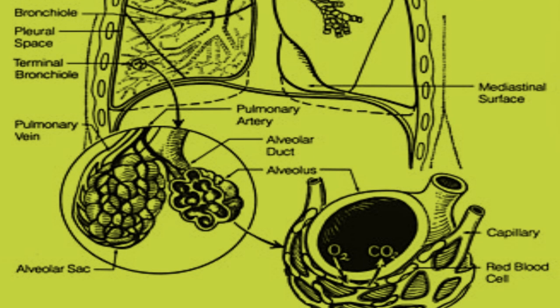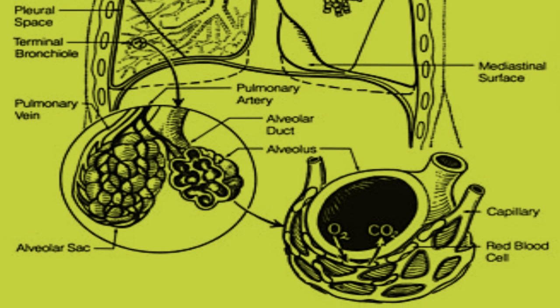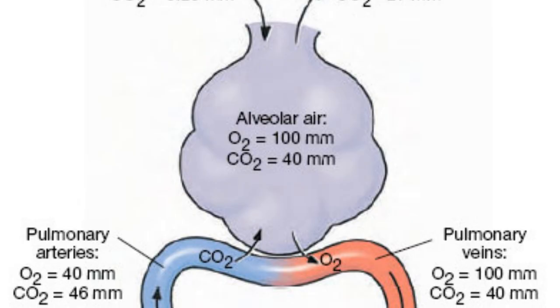Gas exchange happens in the alveoli of the lungs. Oxygen moves from the alveoli, where it is at high pressure, into the blood, where it is at low pressure. Carbon dioxide moves from the blood, high pressure, into the alveoli to be exhaled.